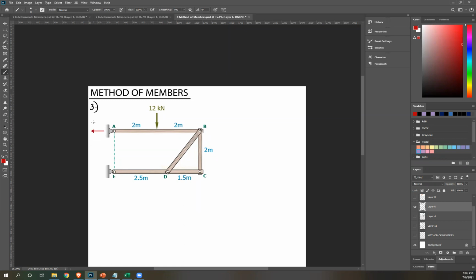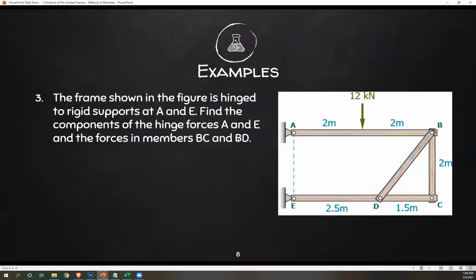Let's call that AH. I'm going to assume this is upward, AV. I'm going to assume E is to the right, so this is your EH. I'm going to assume this is also upward, so EV. Also, I need to know the forces in BC and BD.